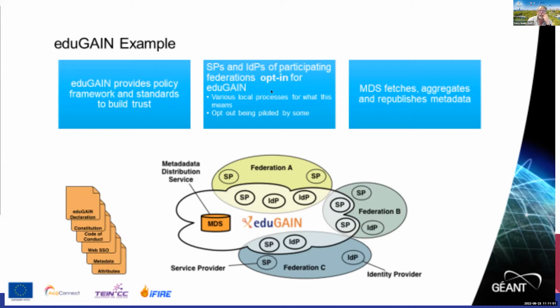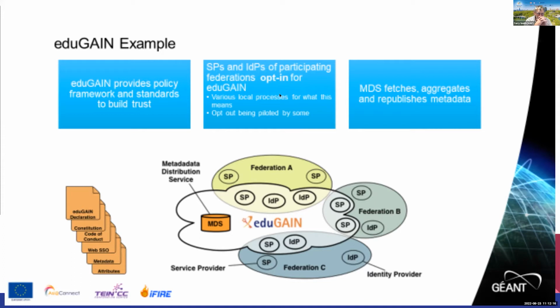There's two different ways that federations can have their members join. A lot of the earlier participants had opt-out for all IDPs and service providers, and that's caused a fair bit of grief because there was no verification that they met a certain baseline level when they joined. So they just threw them all in and hoped for the best.